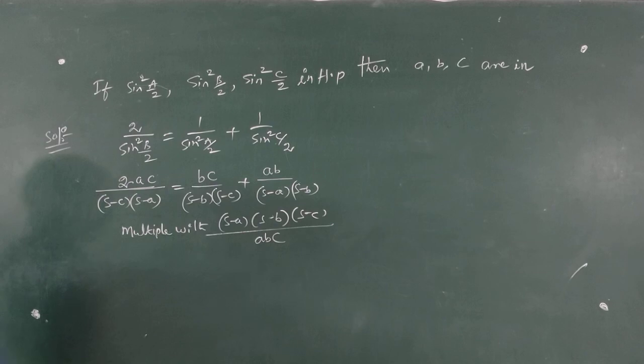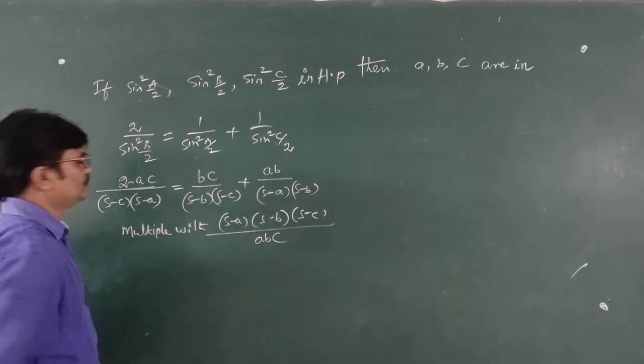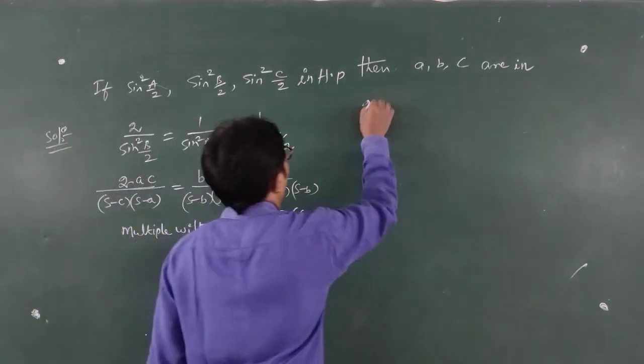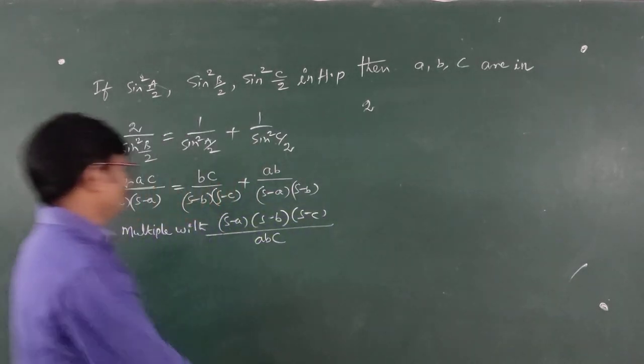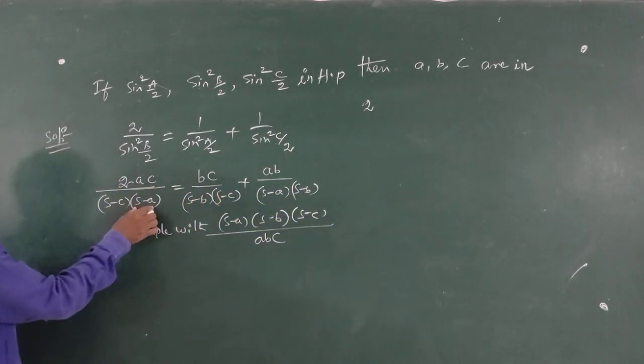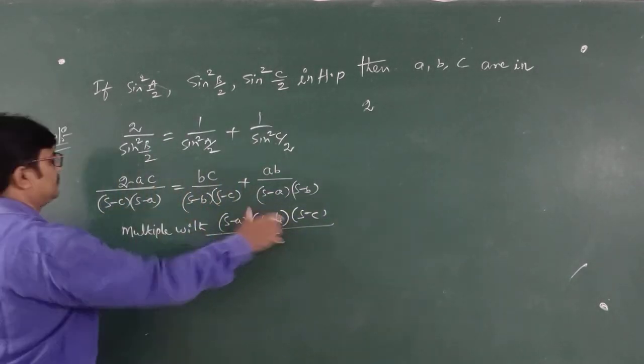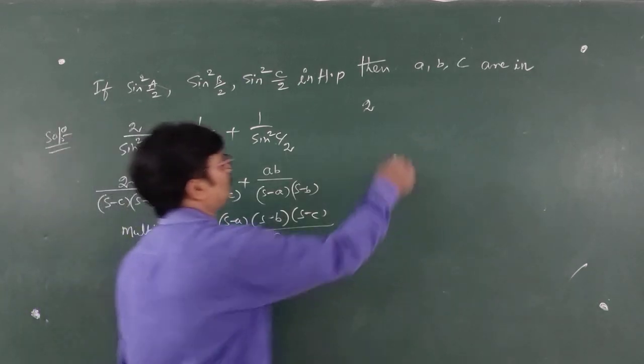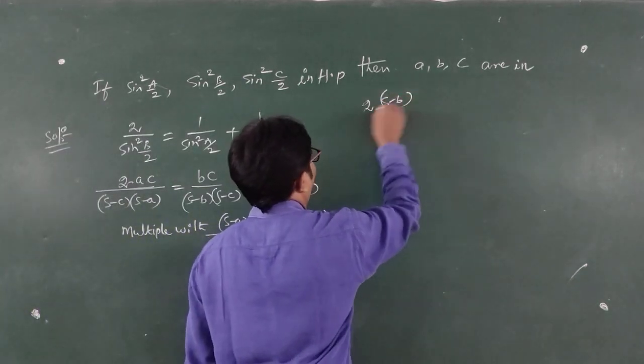Now ac cancels. What is there? 2 into (s minus c)(s minus a) cancel, so 2 into (s minus b) upon b.